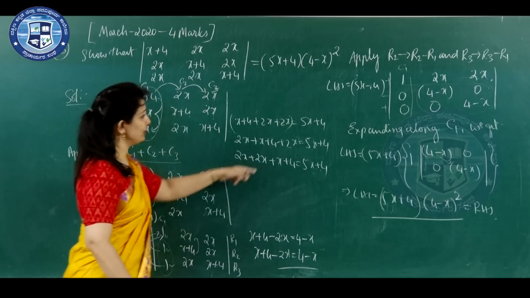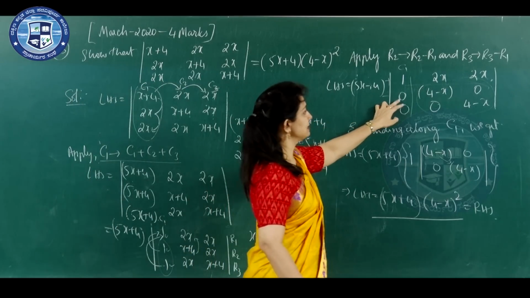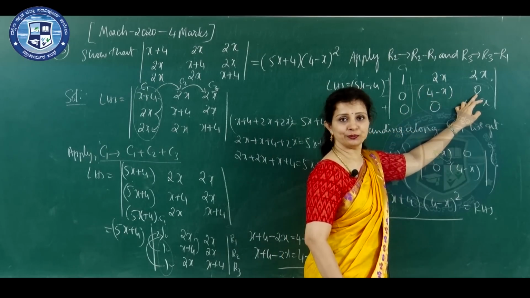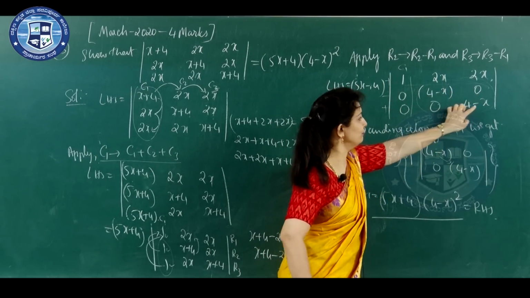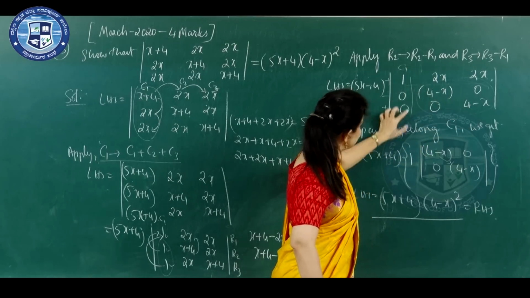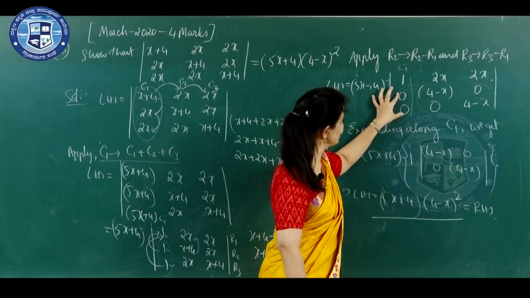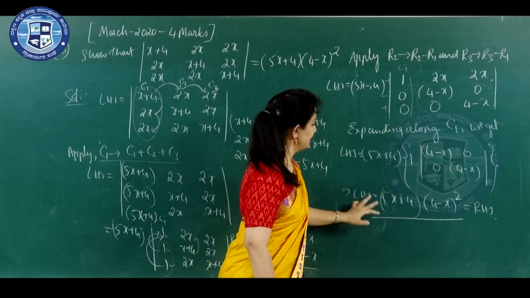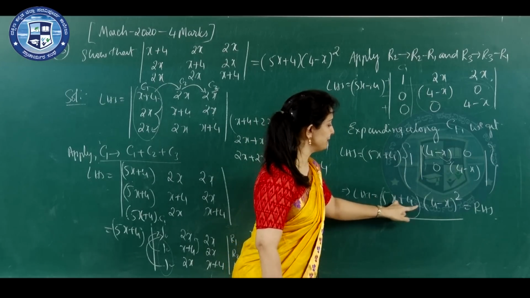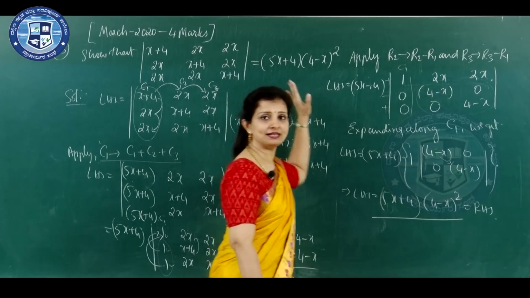So that first row elements are same, second row elements 0, 4 minus x and 0. So 4 minus x is a common factor here and 0, 0, 4 minus x. But you know, first column elements are such that there are 2 zeros. Expand it along the first column, we will get the answer as 5x plus 4 into 4 minus x the whole square, that is RHS.